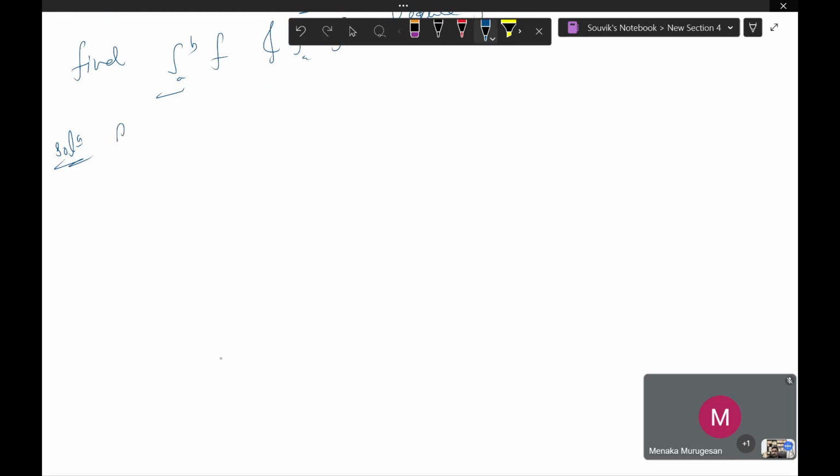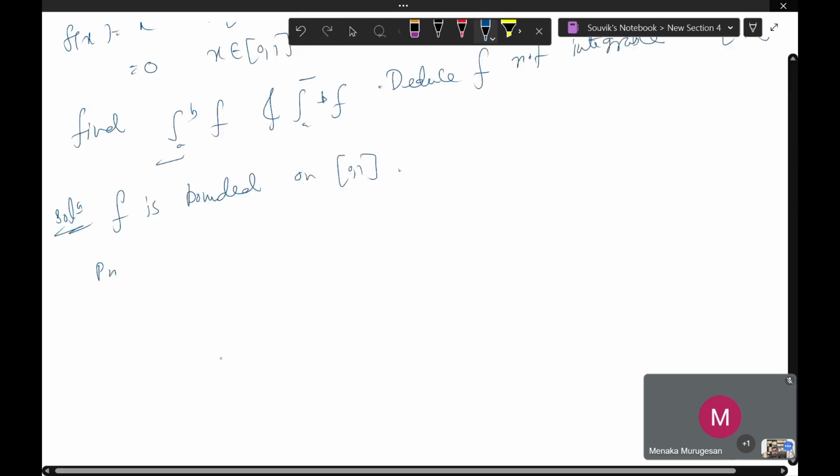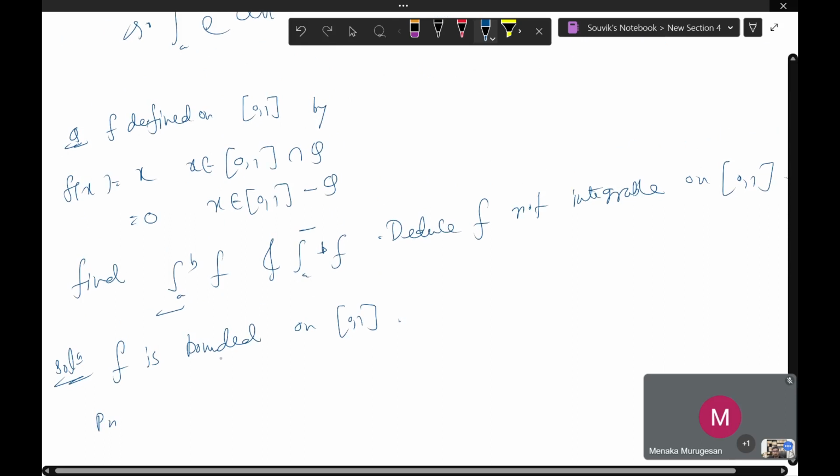Now, f is bounded on [0, 1]. So consider the partition; here a is equal to 0, b is equal to 1.